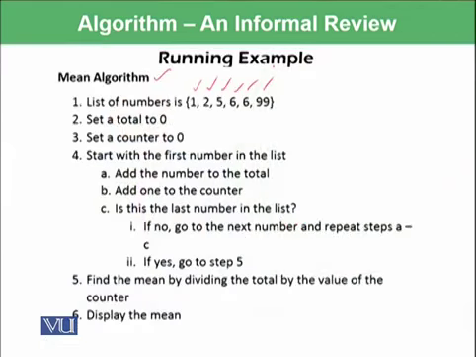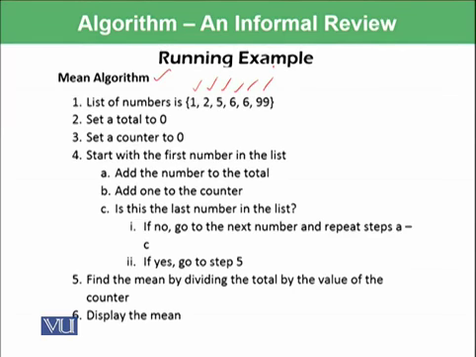So let's have another running example of using an algorithm. For example, we want to write an algorithm for calculating the mean value, which is an average value. We have a list of numbers 1, 2, 5, 6, 6, 99, and we want to find the mean of all of the numbers.